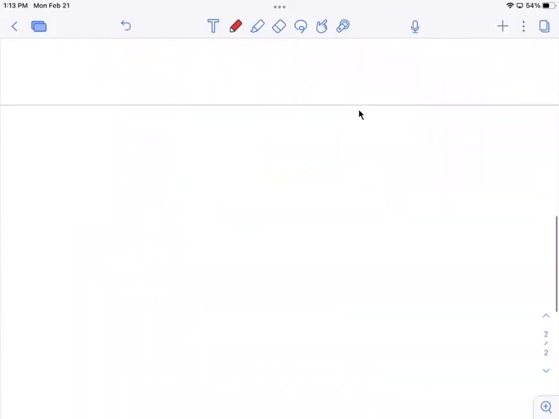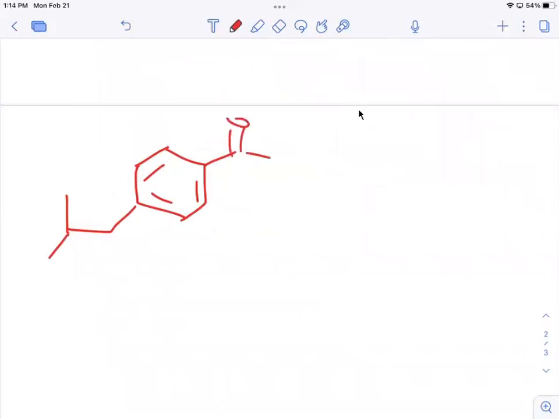So the first compound we're going to look at is ibuprofen. I'm going to make sure I got the right structure here. All right, so somebody look up the molecular formula for ibuprofen.